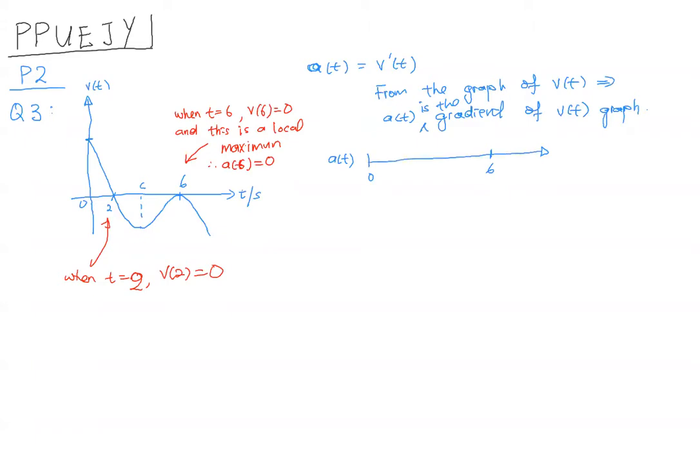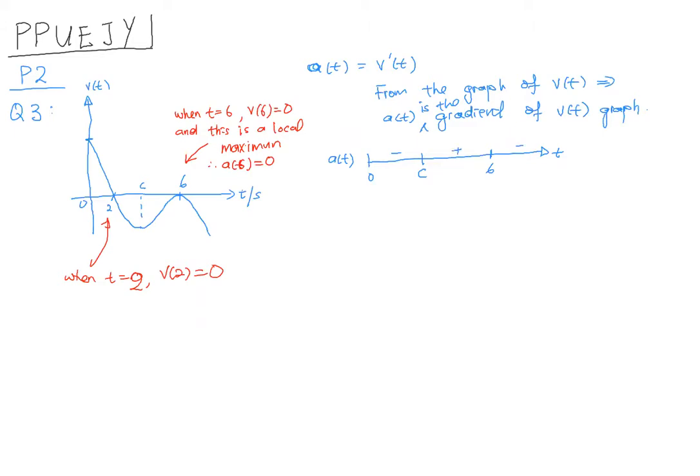Okay, now, Chunyi, can you please tell Miss Do, from 0 to C, the acceleration is positive or negative? Negative, because the VT graph is decreasing, correct? Drop, going down, negative. So from C to 6, positive. Yes. After that is negative.